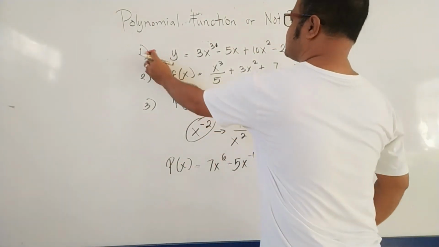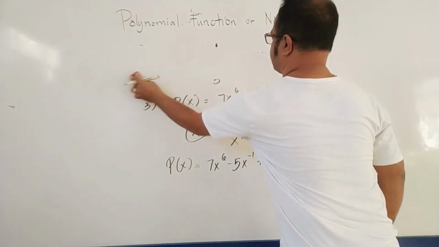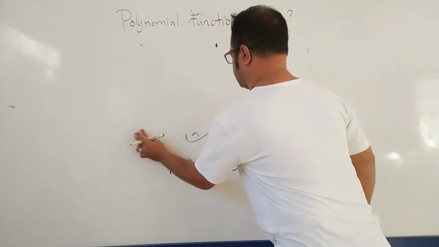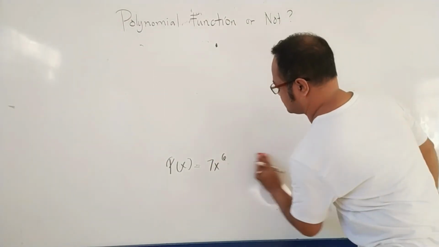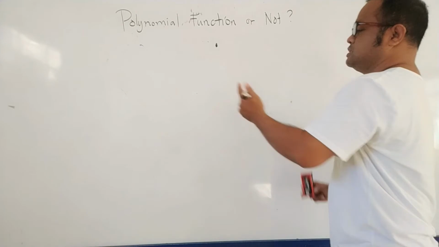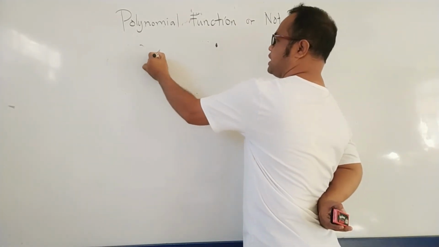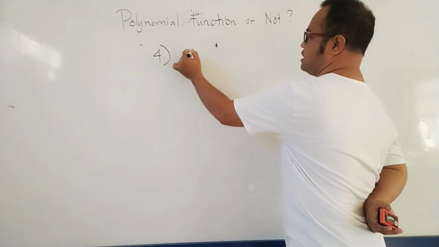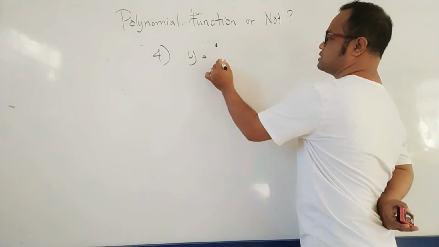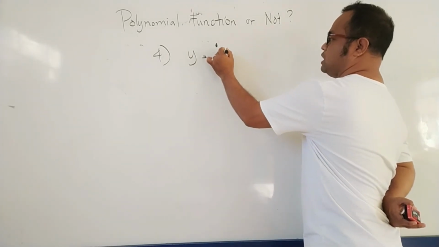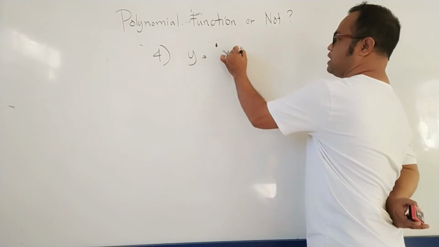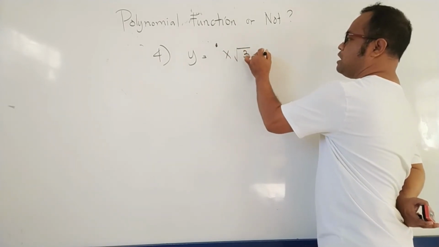Okay? So, not polynomial. So, let us have another example. Number 4 example. So, let's say we have y is equal to x square root of 3 plus 5.